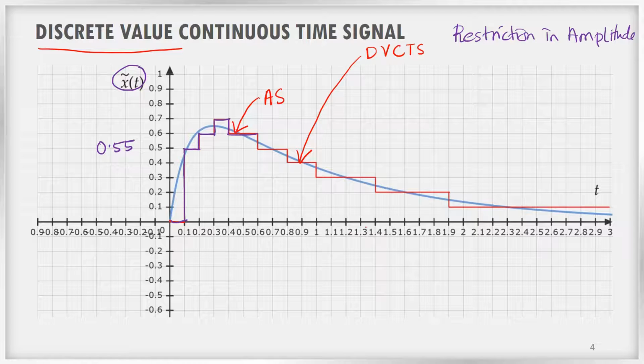But still the time is continuous. You have to note this point very carefully: the time is still continuous, and the only restriction is on the amplitude axis, the y-axis. It is specified in the continuum of the time axis, but it can take only certain amplitude values. Such signals are known as discrete value continuous time signals.